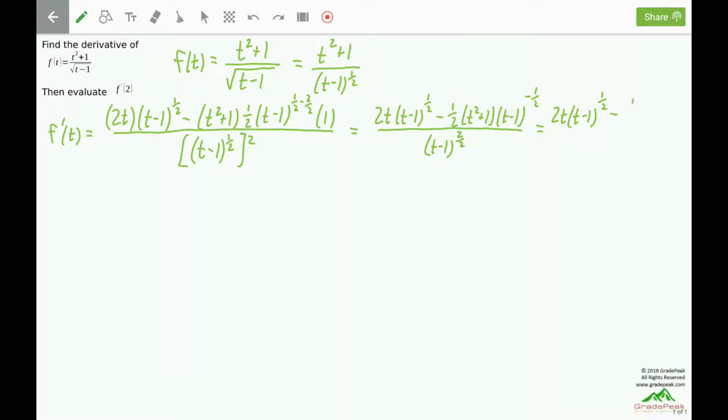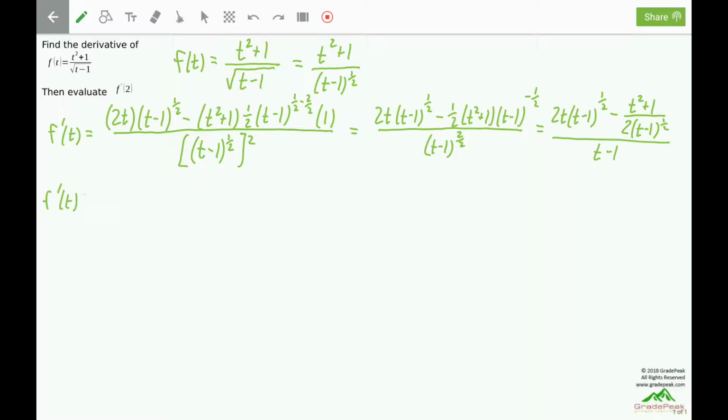So really we just have minus what will be a t squared plus 1 over a 2 times t minus 1 to the what will now be a positive 1/2 power. All of this divided by t minus 1 to the 2 over 2, which is 1, so we can just call that t minus 1.